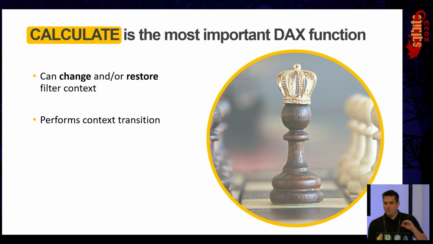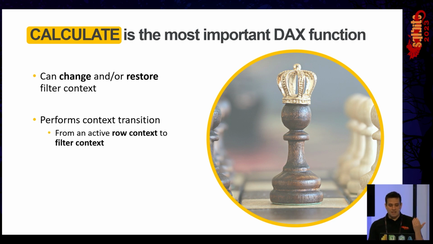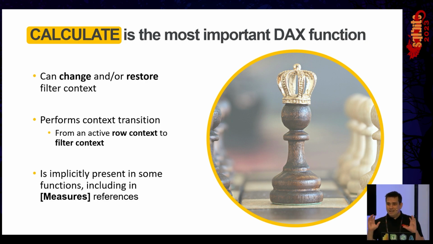And from now on, every time you read, think, or speak about context transition, you have to think that it's a context transition from an active row context into a new filter context. And CALCULATE is implicitly present within measure calls. That's especially important when you are activating some context transition. Most people actually don't realize they are doing that.